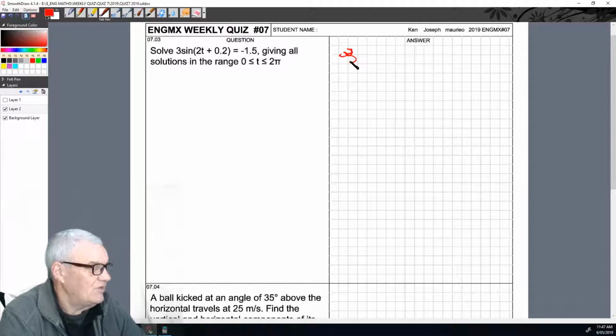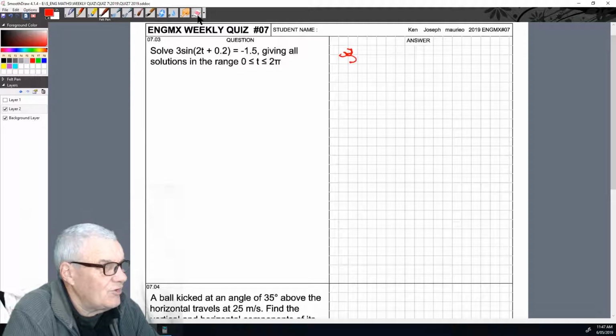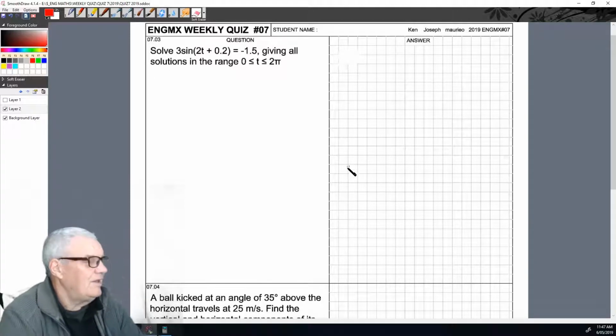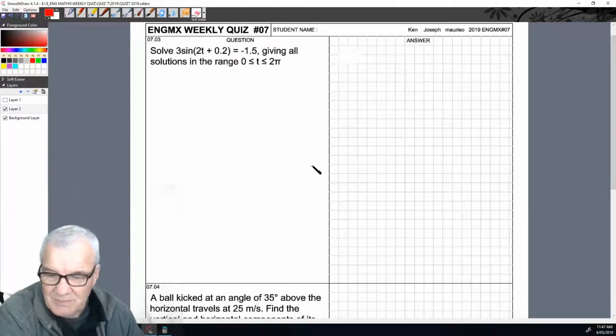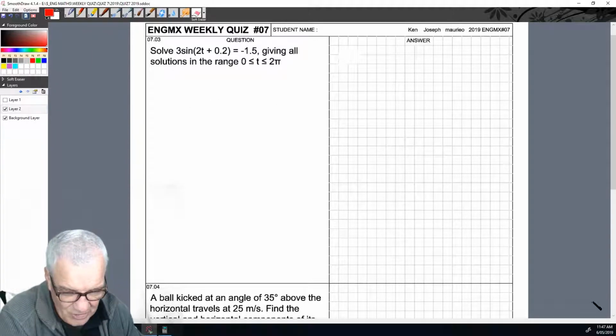So we'll have to persevere with that. There is an eraser here, but I think it tends to erase everything, including the grid. Never mind. So we'll see you later on this evening. Cheers.